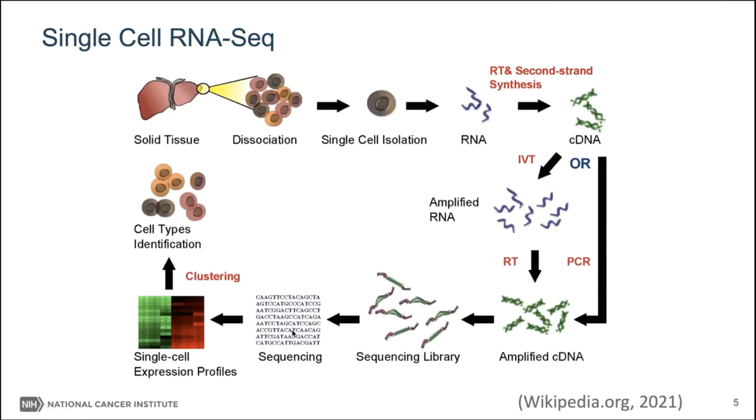With single-cell RNA-seq, there's an extra step there. And the extra step is isolating single cells so that they can be processed separately. This is done in many ways. Some sort of flow cytometry or some other type of separation happens. And each cell is barcoded so that later on, each single cell can be differentiated from one another in the sequence file.